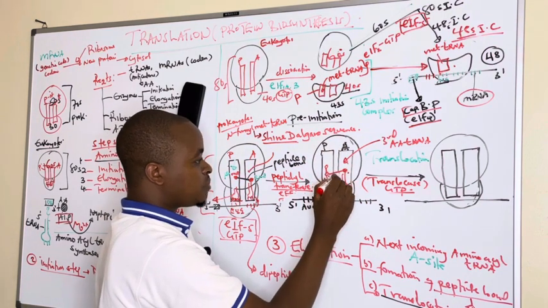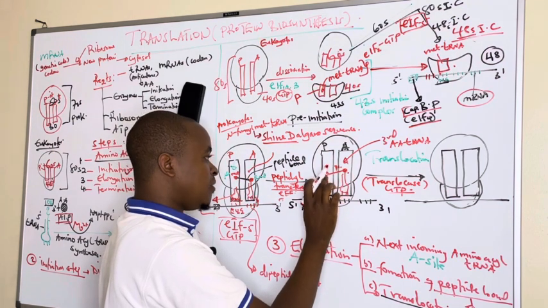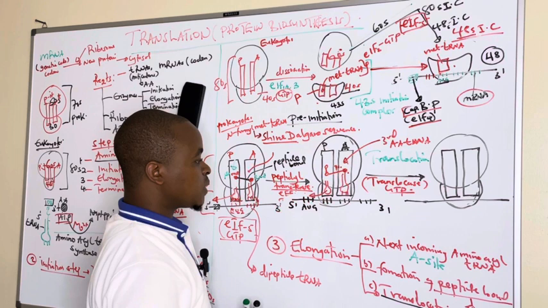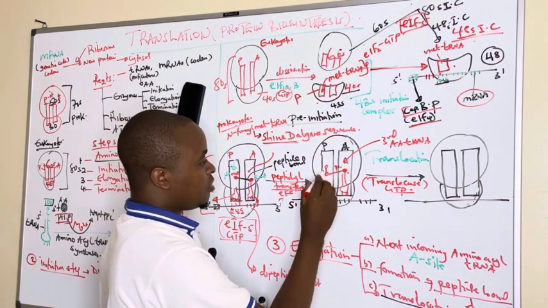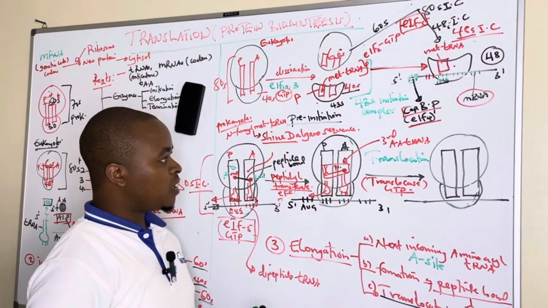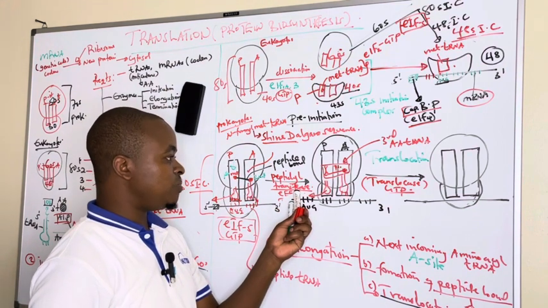After forming this peptide bond, it cleaves away this transfer RNA, which exits and goes back to the ribosome. And after exiting, we form our tripeptide here.